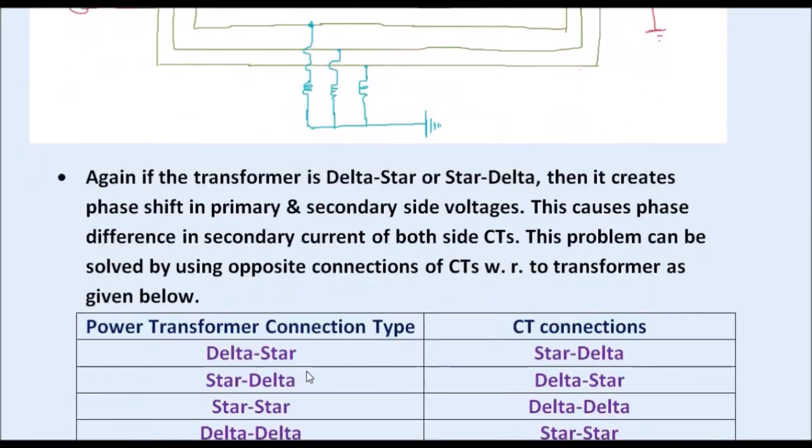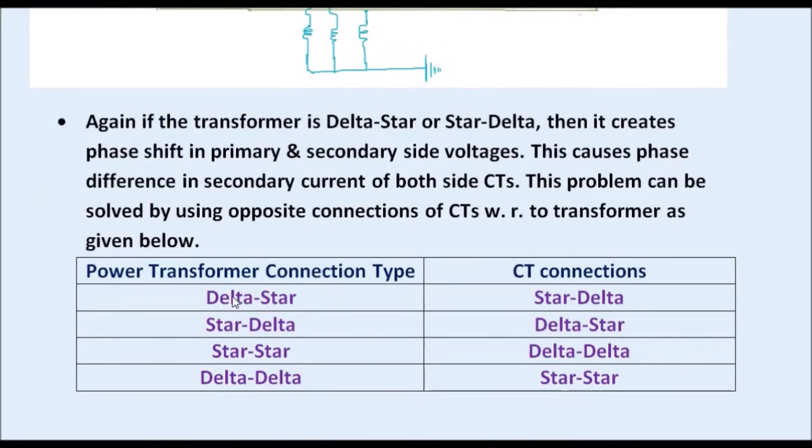So for different configurations of power transformer, if the power transformer is delta star connected, then the CT connections required are star delta. If the power transformer is star delta, then CT connections required are delta star. If the power transformer is star star, then CT connections required are delta delta.